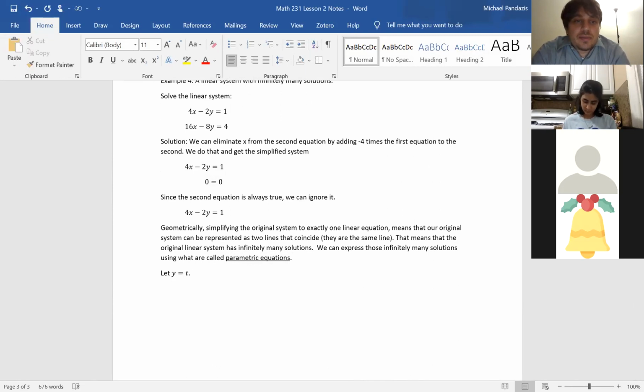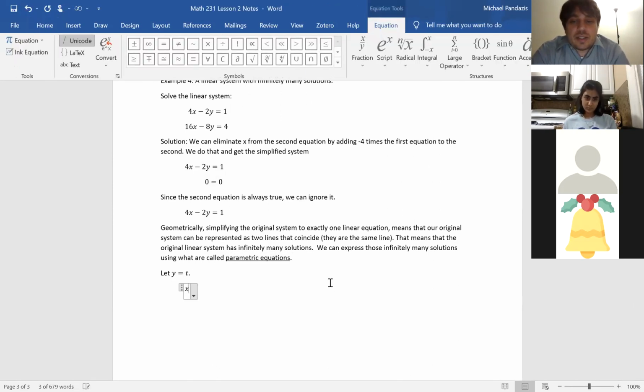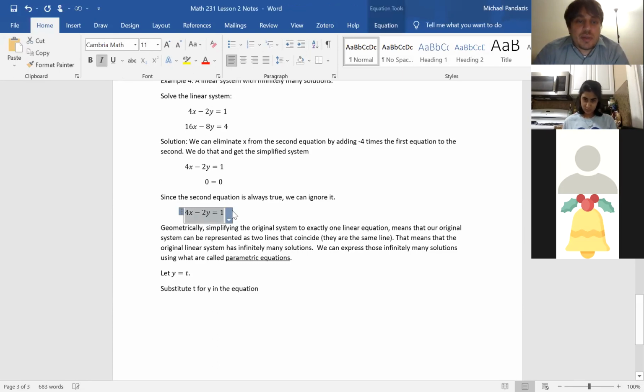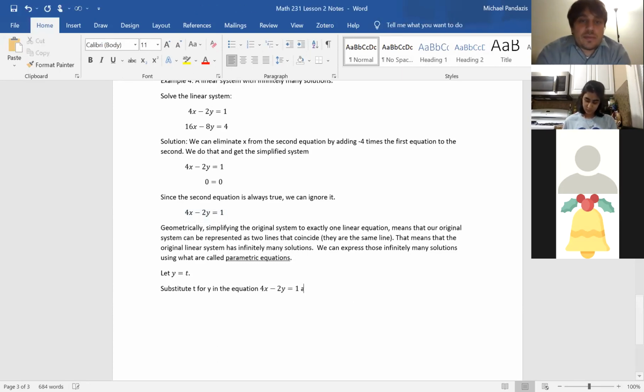Then that means that x is equal to, well, so now substitute t for y in the equation 4x minus 2y equals 1 and solve for x. The resulting equation is a solution for x in terms of t.